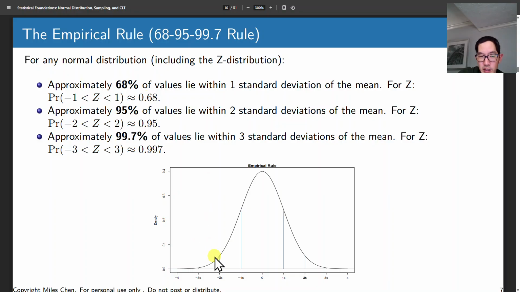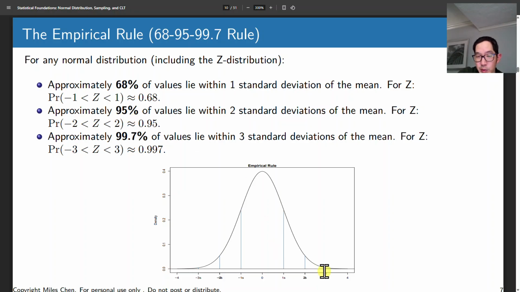And then if you go from +2 down to -2, you can see it covers the majority of the distribution, that covers 95%. The probability that z is going to be between 2 and -2 is around 95%.